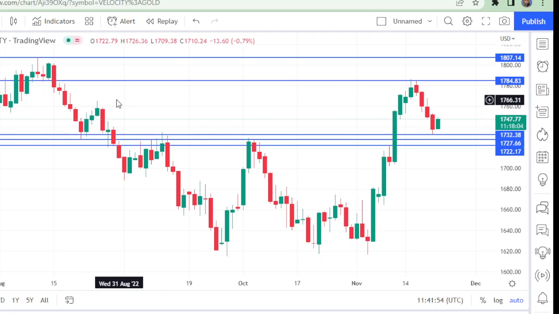This resistance has been retested, that was broken, and now the gold has two resistances: 1784.83, whether weak or strong, but now this is a resistance, and the second resistance is at 1807.14.